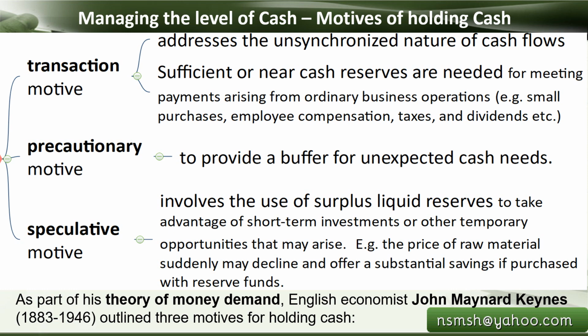The price of raw material suddenly may decline and offer substantial savings if purchased with reserve funds. So we have to take that kind of opportunity. As part of his theory of money demand, English economist John Maynard Keynes gave this theory, the three motives of holding cash.